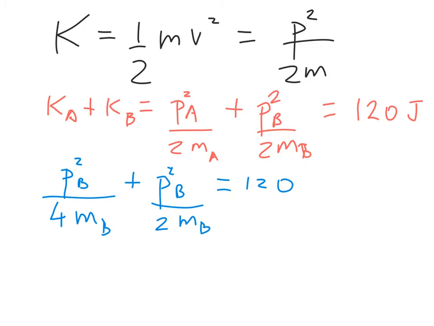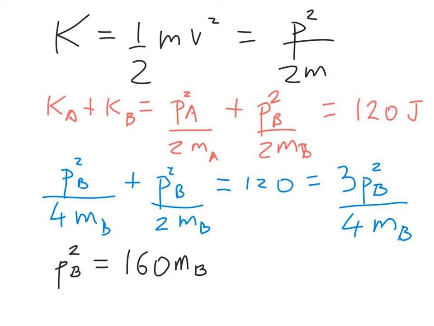Adding these two fractions together, we get 3PB squared over 4MB is equal to 120 joules. Solving this, we have PB squared is equal to 160 times MB.